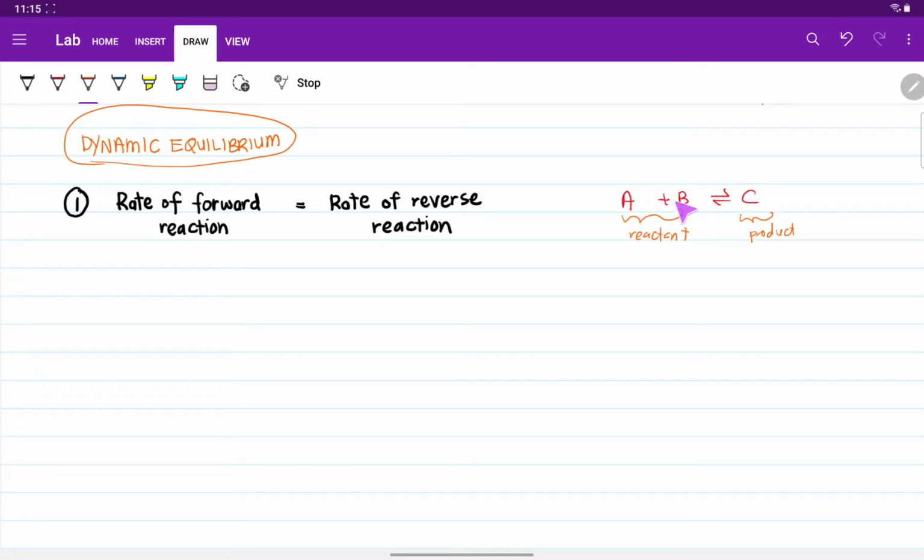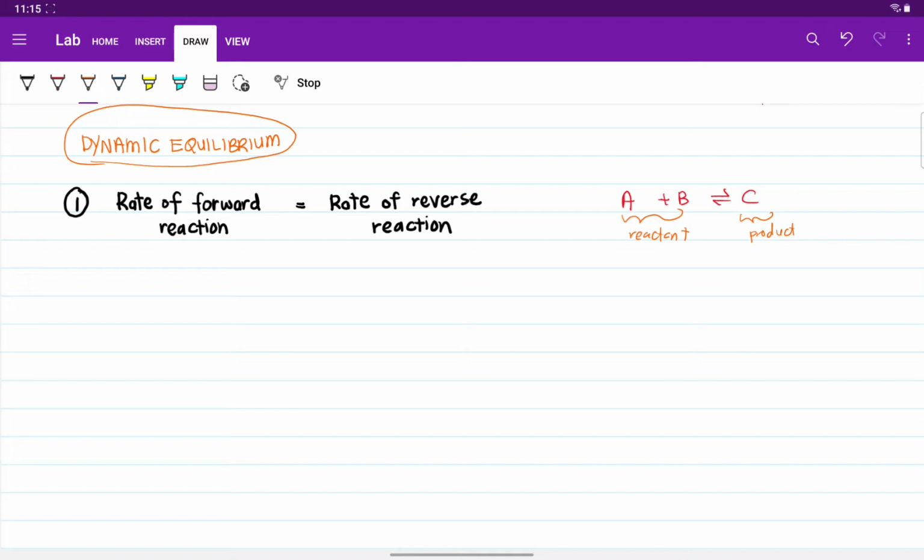A dan B, concentration dia akan berkurang. Maksudnya bila concentration dia berkurang, as time goes by, the rate of forward reaction akan semakin berkurang. Whereas untuk produk pula dekat sini, as time goes by, the concentration of product increases.